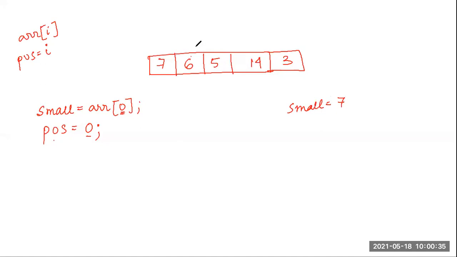That means my comparison loop was starting from this location till this location. So my comparison loop was starting from I equal to 1, and it went on till I less than n. My initial loop, when I was taking the array, started from 0.